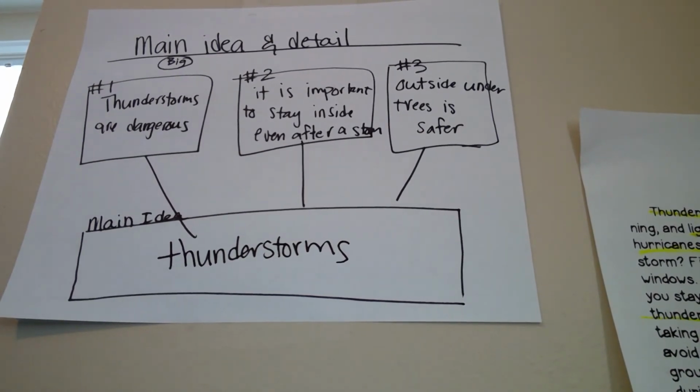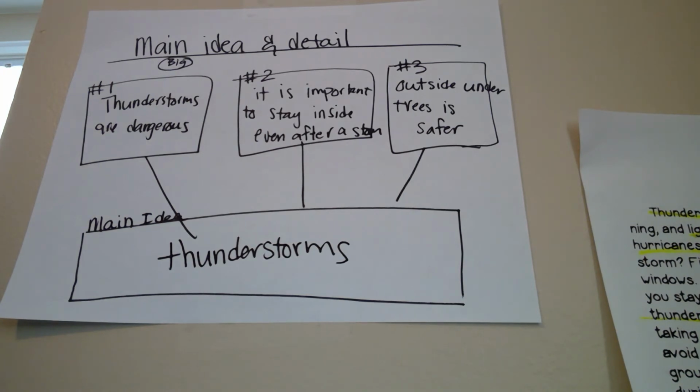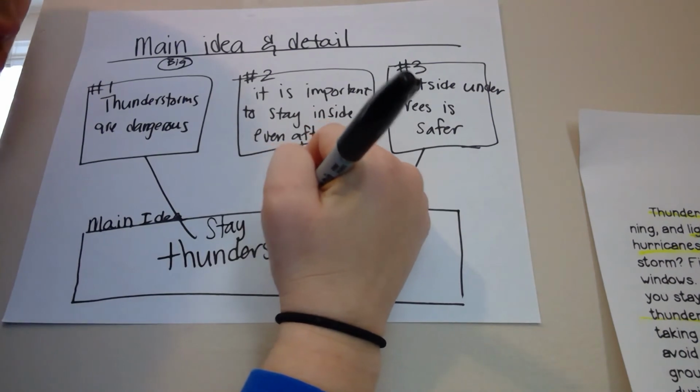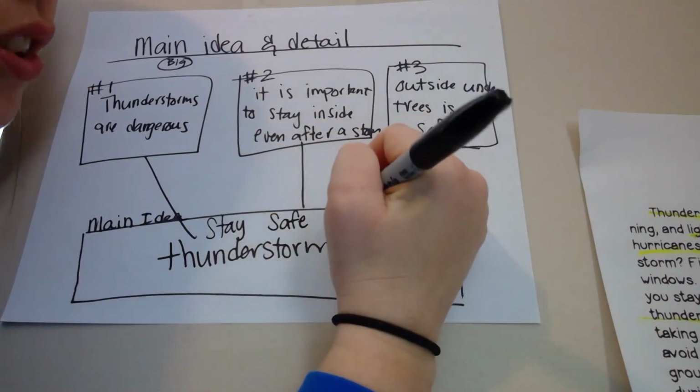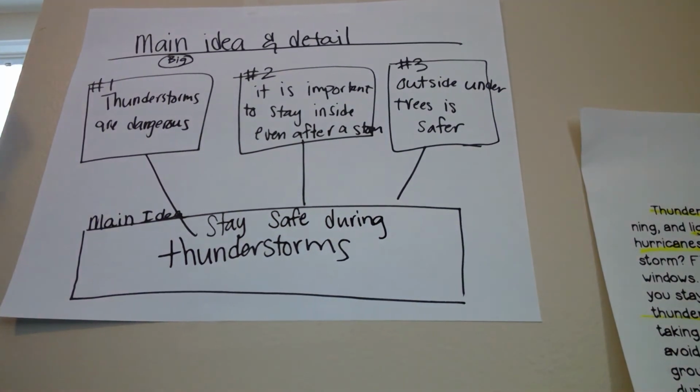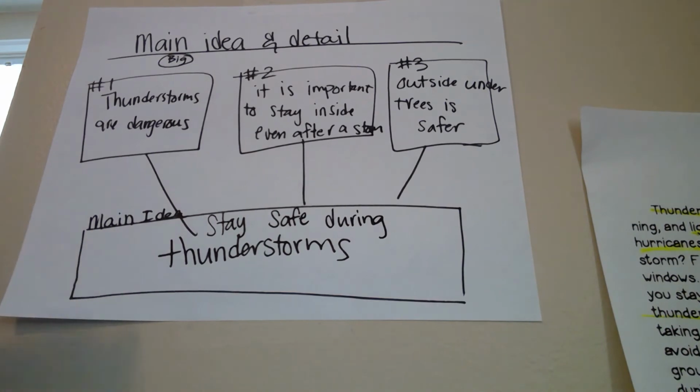I didn't learn everything about thunderstorms in this paragraph. The focus was on something else about thunderstorms. Do you know what it was? It was staying safe during thunderstorms. Everything that I read about in that paragraph helped me to stay safe.